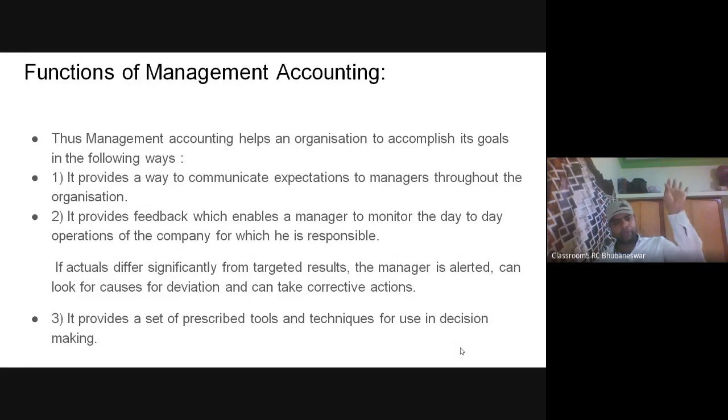These are there. But the decision part and affixing responsibility will be done with the help of management accounting. Here we had written everything. So thus management accounting helps an organization to accomplish its goal in the following manner.